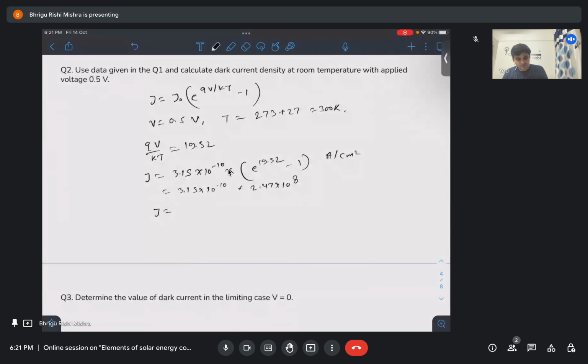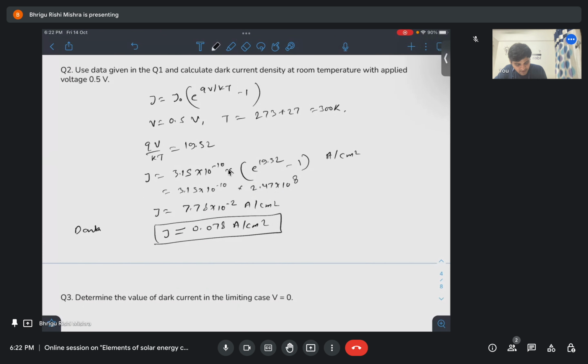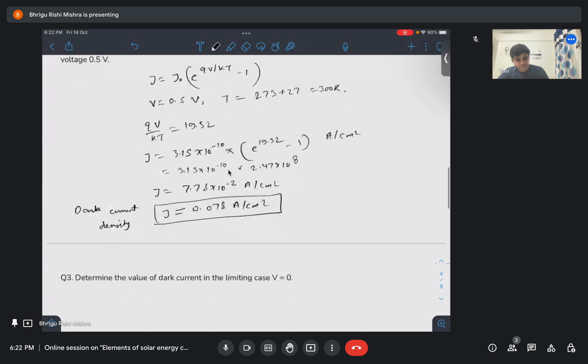Okay, so the dark current is J equals 7.78 into 10 to the power minus 2 ampere per centimeter square, or you can write it as 0.078 ampere per centimeter square. Okay, so this is the dark current density.